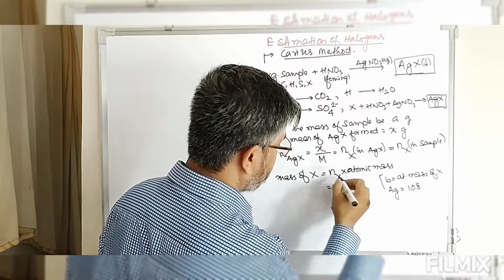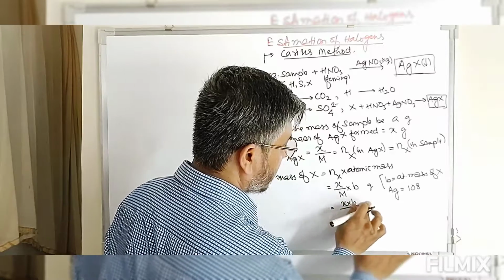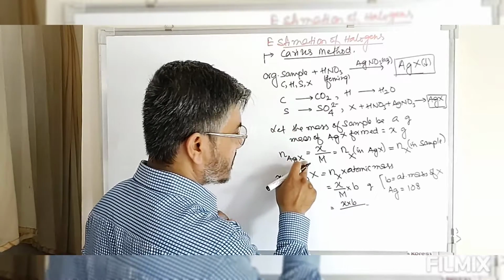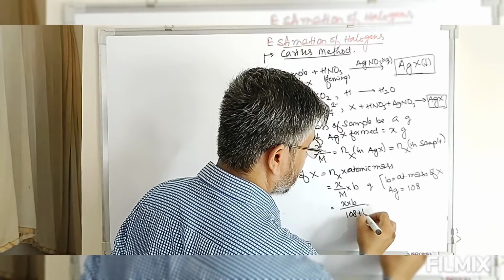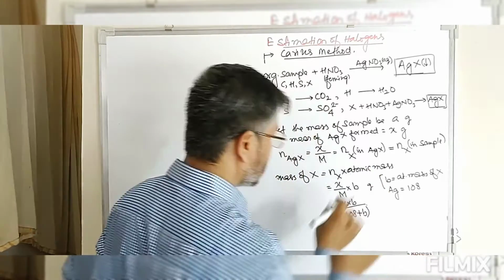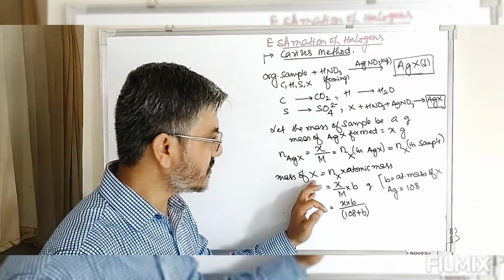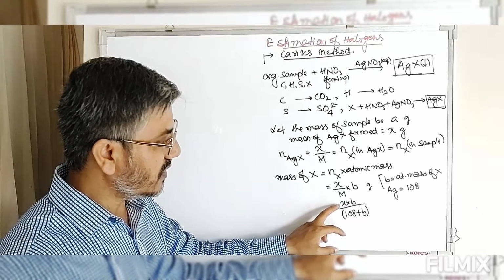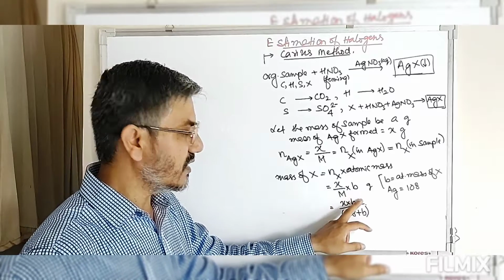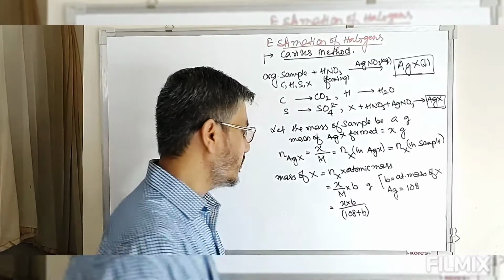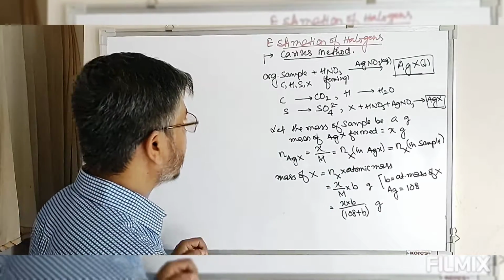So therefore this can be written as x into B divided by the molar mass of AgX, which is the mass of silver plus the mass of X, so 108 plus B. So this is the mass of halogen obtained, which is equal to x times B divided by the gram molecular mass of silver halide. So this is in gram. So once we have this mass, we can define the percentage.